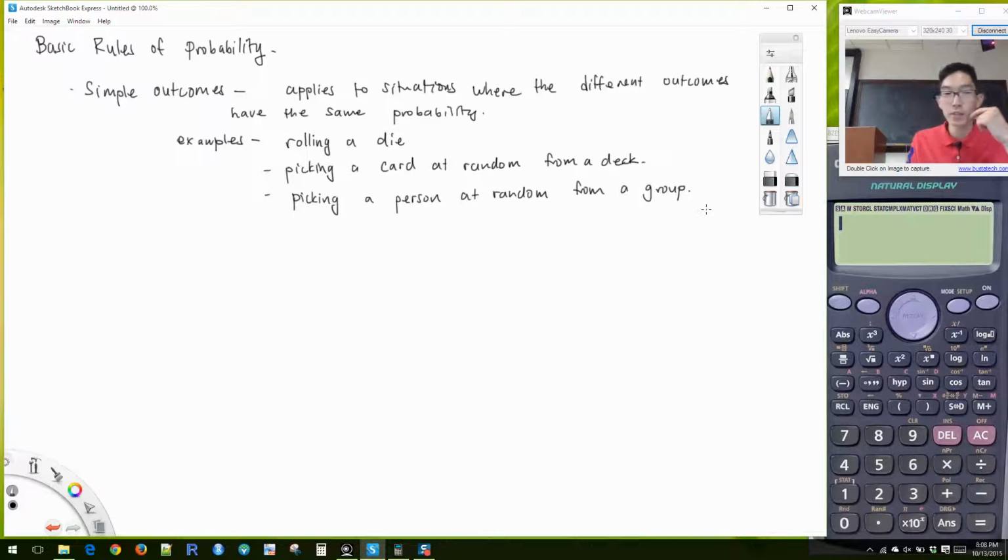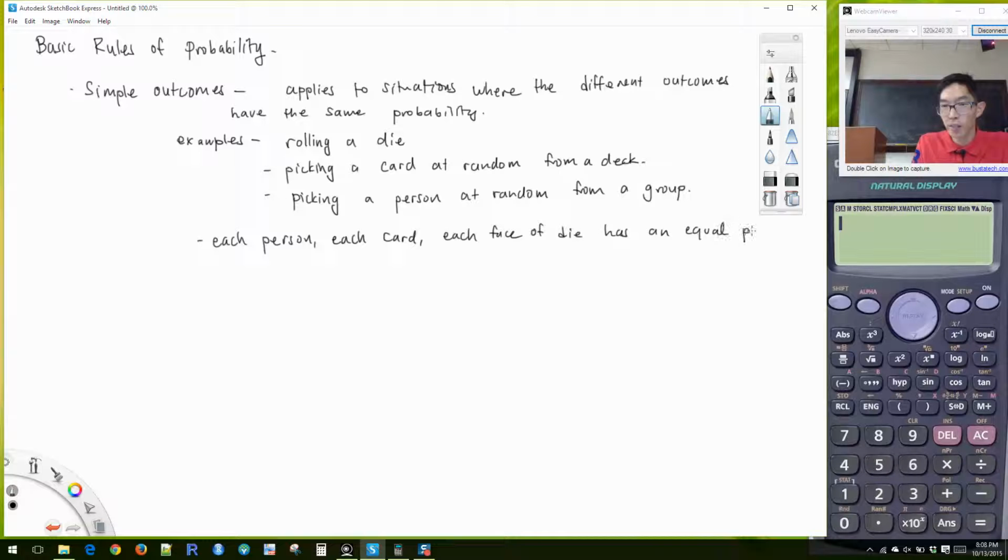So we're assuming that each person, each card, or each face of the die has an equal chance of being selected. Each person, each card, or each face of a die has an equal probability. So those are simple outcomes.